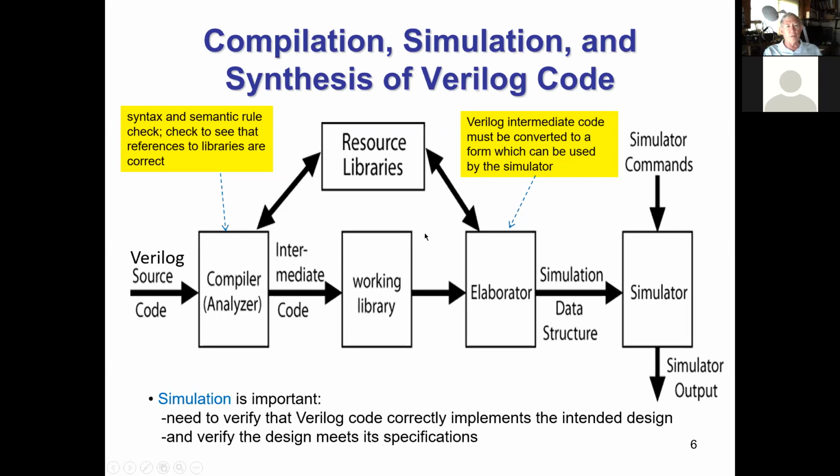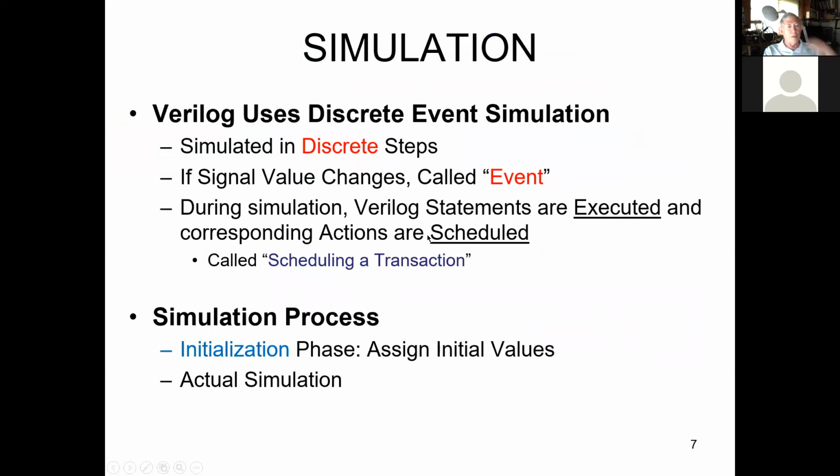Now, how does the simulator actually work? Well, it uses what's called discrete event simulation. And so the simulation always works in simulation time. And so it's a completely artificial construct, right? So it operates in discrete steps of simulator time.